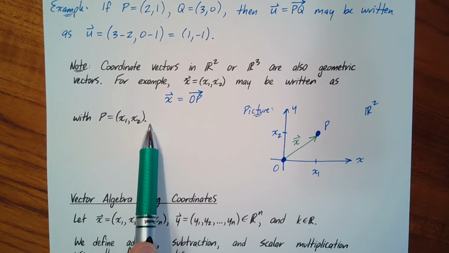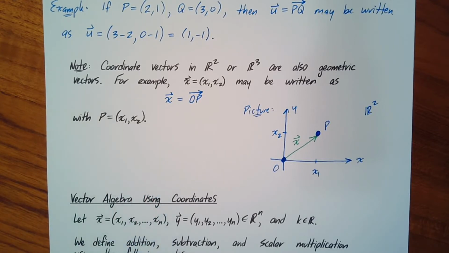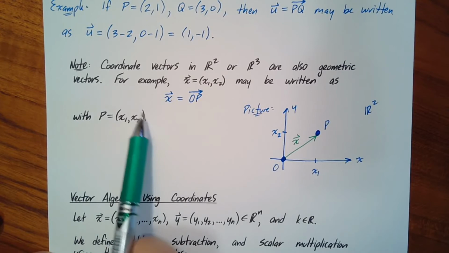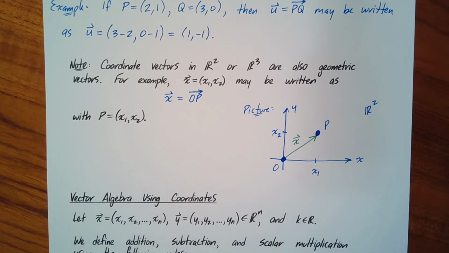Just interpret those to be the x, y, and z coordinates, plot that point in R3, draw the geometric vector that goes from the origin to your point P that you defined, and the picture will be a 3-dimensional picture, but it's the same principle. Just take the geometric vector from the origin to this point, and that's going to give you your conversion method. So the upshot here is that coordinate vectors, if you are in R2 or R3, are also geometric vectors.